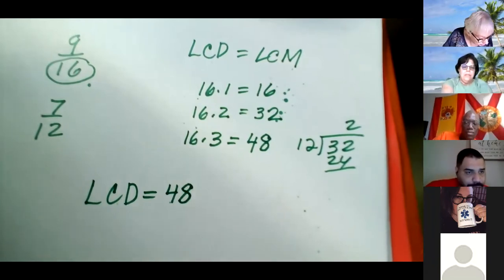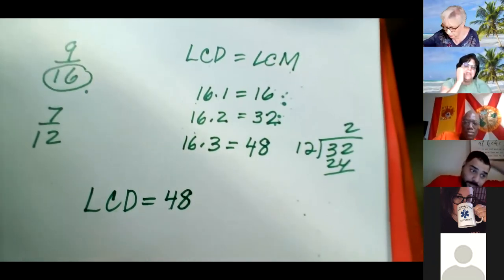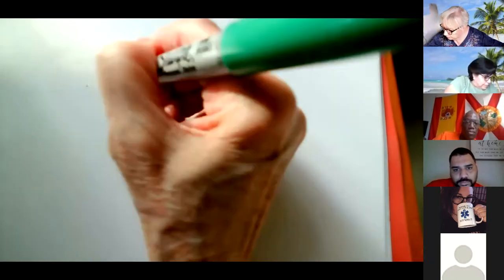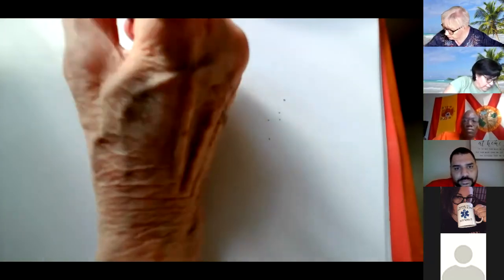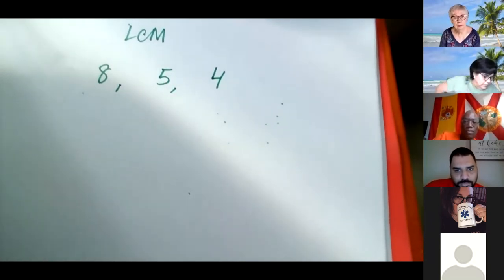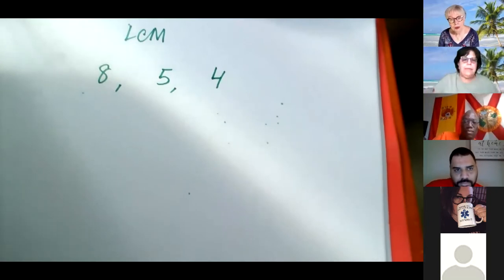How about 12 and 8? No, let's try. Least common multiple of these three numbers.